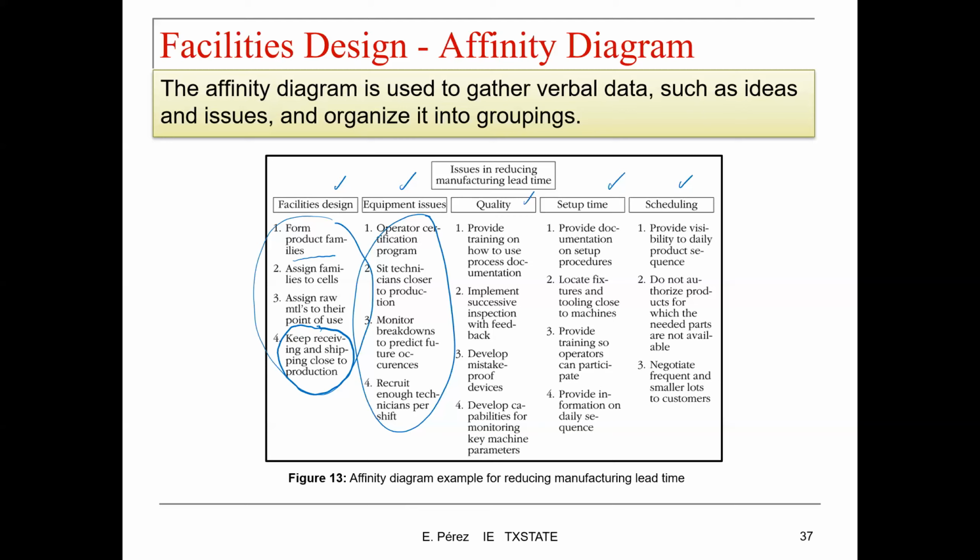So in this case, someone gathered all this information, and then after the analysis, they came up with 5 different groups, and then they were able to classify the ideas into those groups using the information gathered.